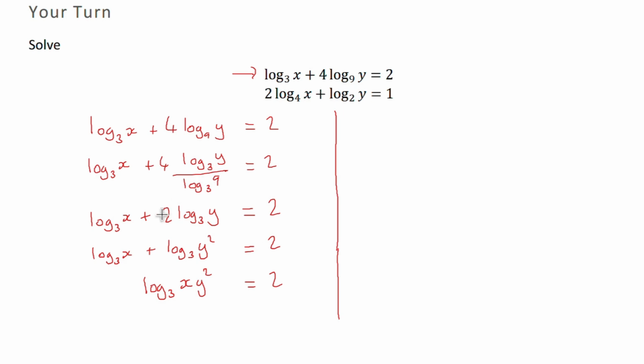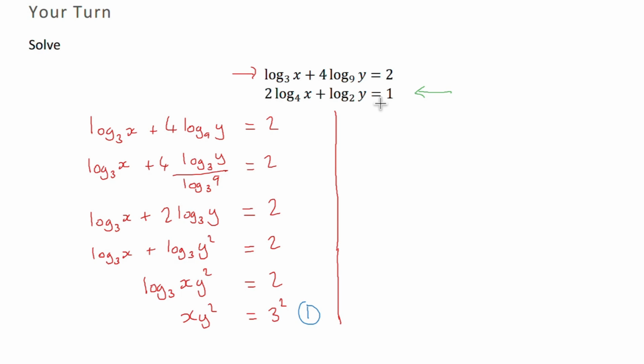And now I have a single logarithmic statement equal to a number, so I can turn this into exponential form, which means that xy squared is equal to 3 to the power of 2, which is 9. And that has given me an equation that I'm going to be able to use in a moment to try and solve.